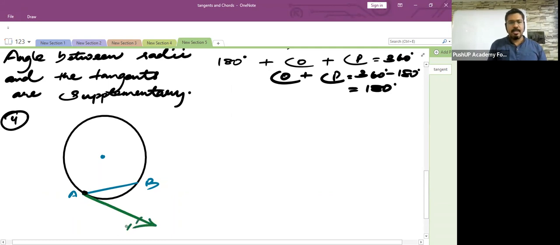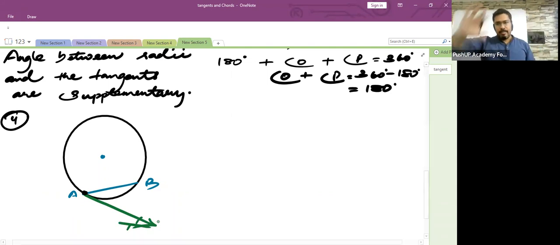Imagine AT is the tangent. I could also draw it through point B, just that I drew it through point A.